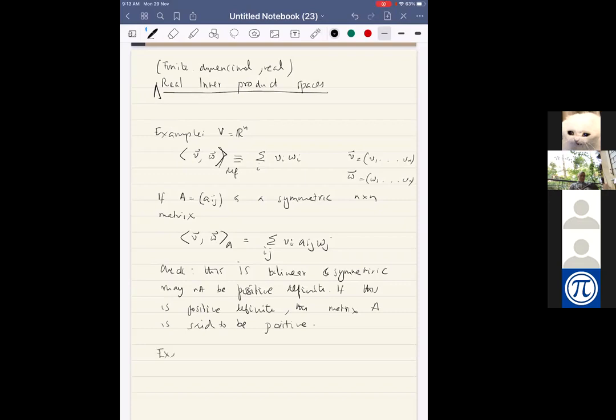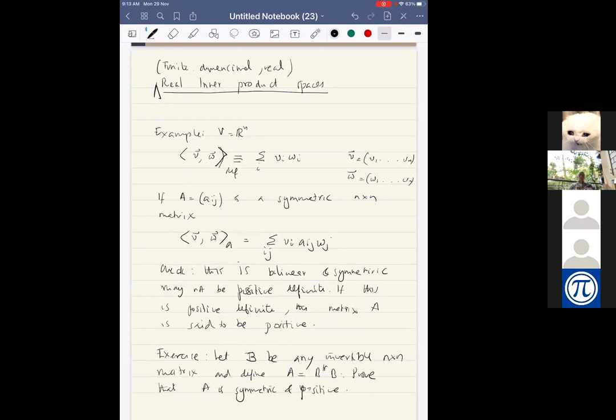Exercise. Let B be any invertible matrix and define A to be B transpose B, any invertible n cross n matrix B. Prove that A is symmetric and positive definite, and positive.